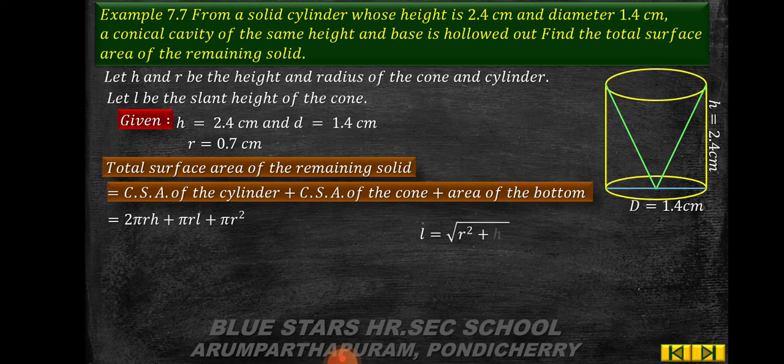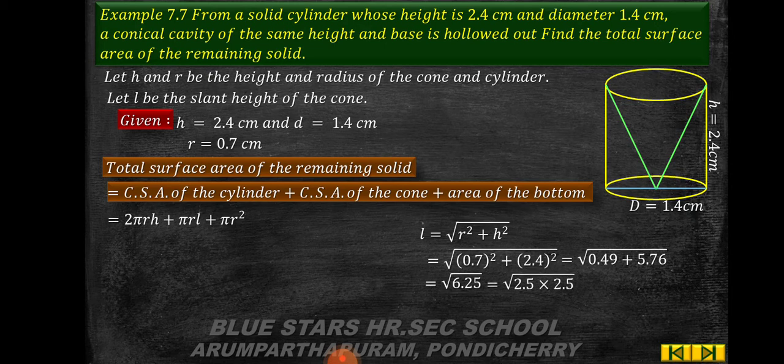You know L is equal to root of h square plus r square, or r square plus h square, which is equal to root of 0.7 the whole square plus 2.4 the whole square, which is equal to root of 0.49 plus 5.76, which is equal to root of 6.25, root of 2.5 into 2.5. So length, that is slant height L is equal to 2.5 centimeter.